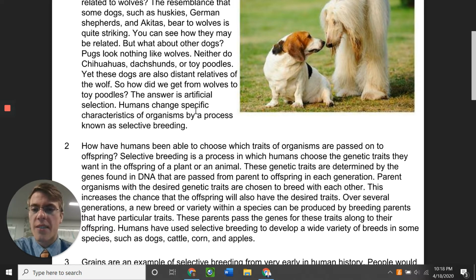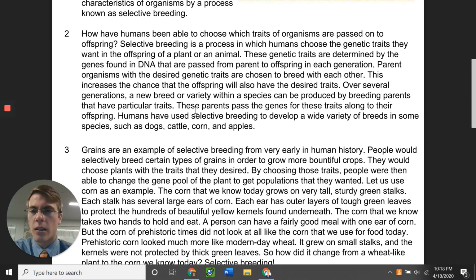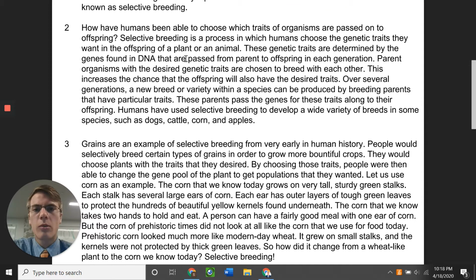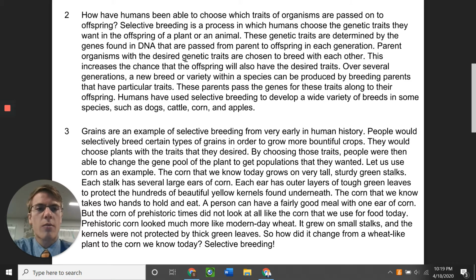Humans change specific characteristics of organisms by a process known as selective breeding. How have humans been able to choose which traits of organisms are passed on to offspring? Selective breeding is a process in which humans choose the genetic traits they want in the offspring of a plant or an animal. These genetic traits are determined by the genes found in DNA that are passed from parent to offspring in each generation.